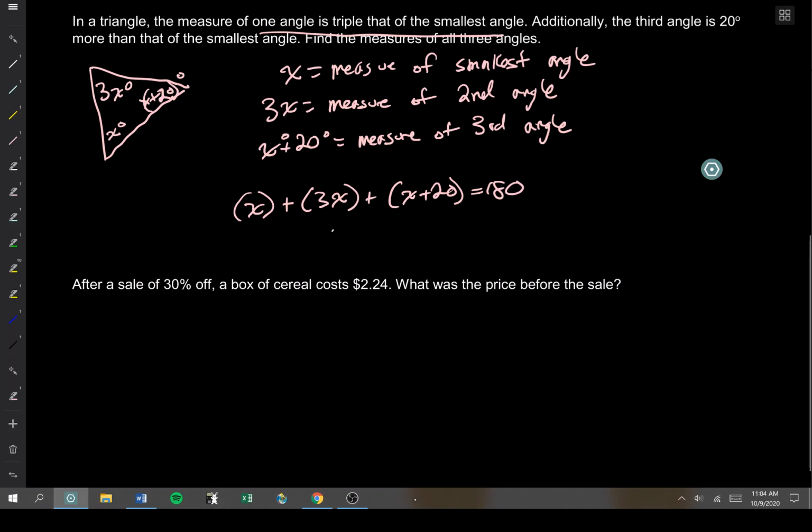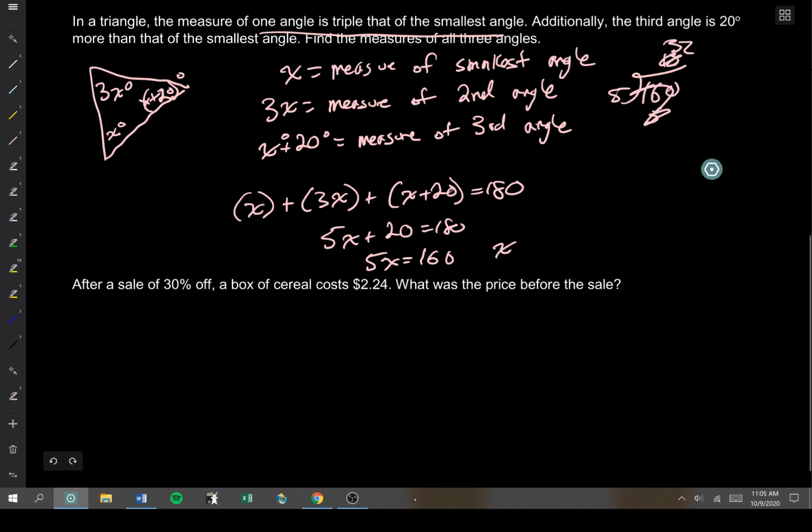Well, we add all this up, we get 5x plus 20 equals 180, which means that 5x equals 160, and 160 divided by 5 is 32. My first angle is 32 degrees. My smallest angle is 32 degrees.